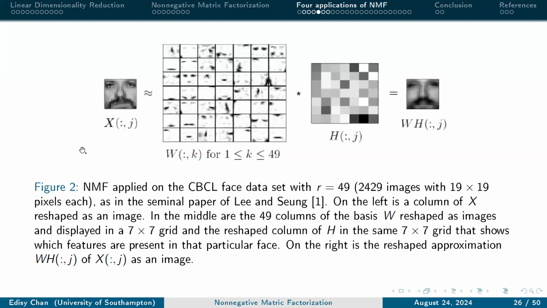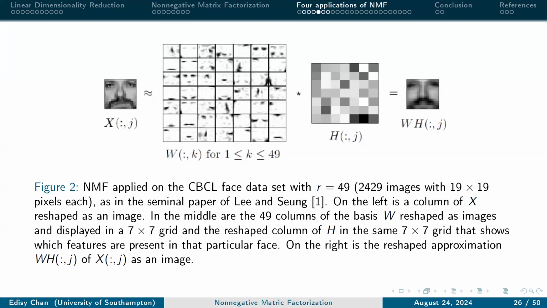We make use of the CBCL, something called the child... I don't remember the full name for that, but there are images of different people. Oh yeah, this is the short form for the Child Behavior Checklist.